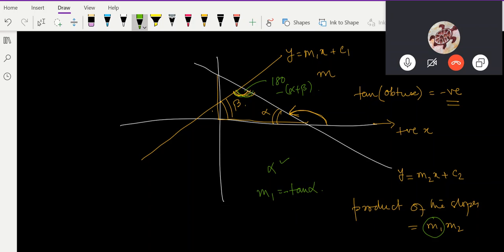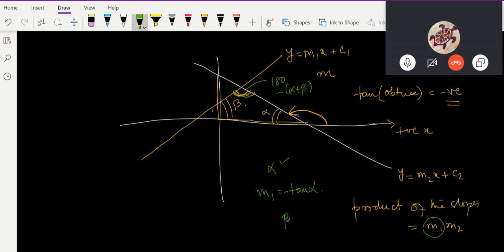I know this. Can I find out the slope of the other line if I know beta? If I know beta, I can find out the slope of the other line, right? Yes, sir.